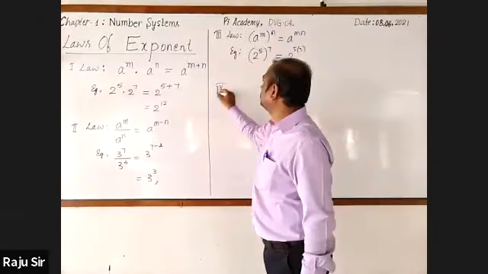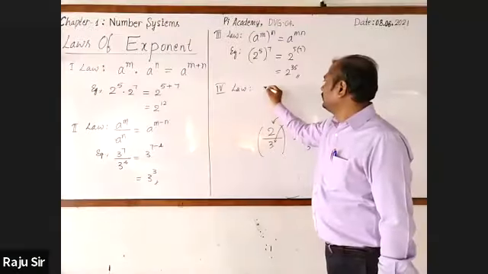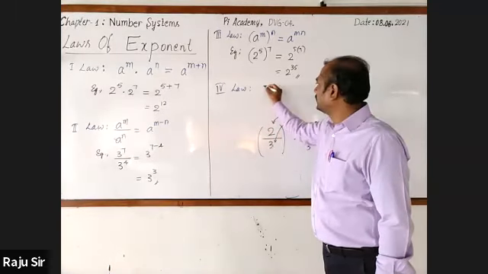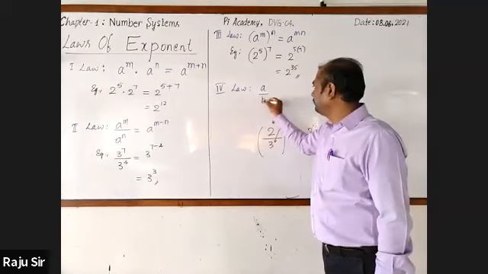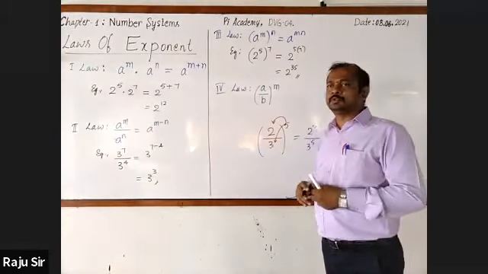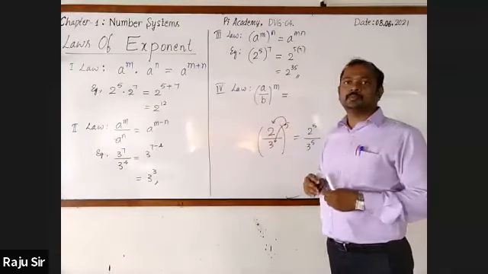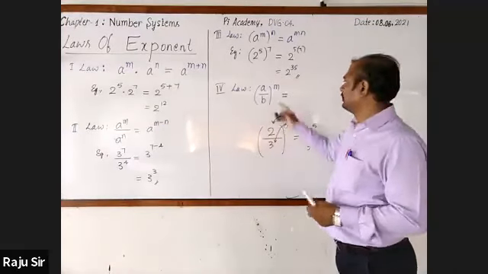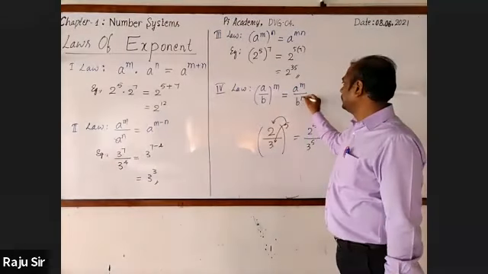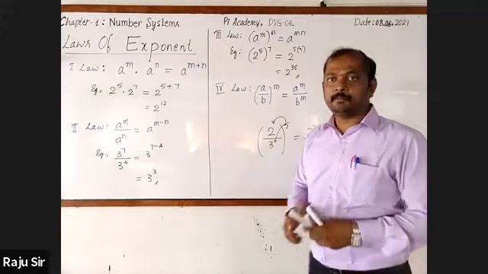Fourth law, right with me. Fourth law: numerator and denominator terms are different. I write a by b, whole raised to the power m, n, anything can be taken. This is equal to a raised to the power m by b raised to the power m.